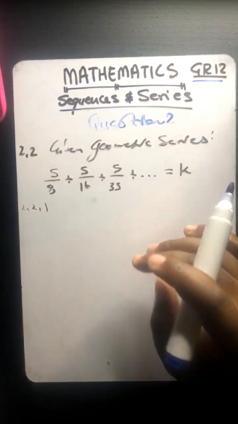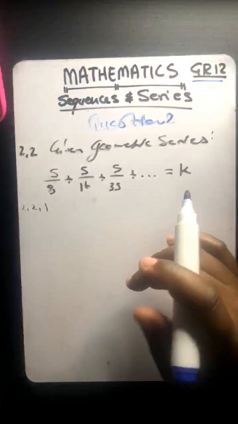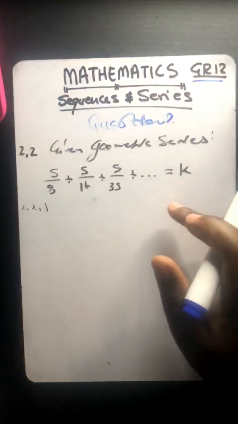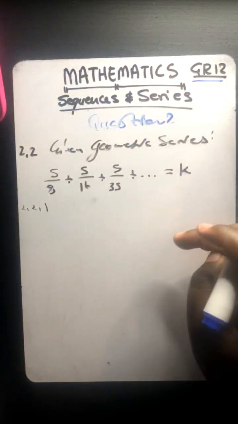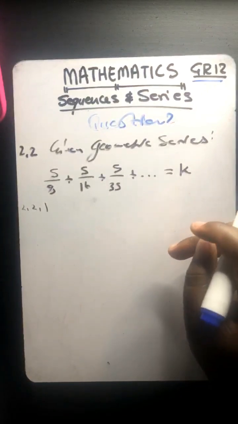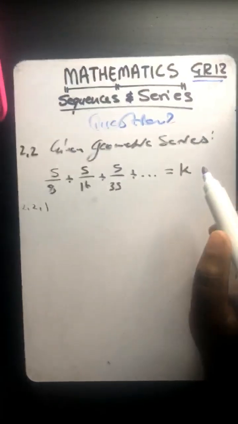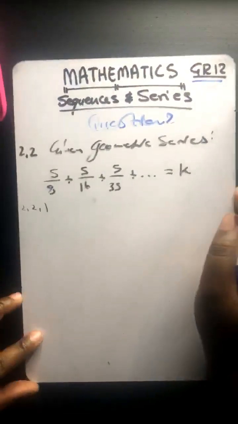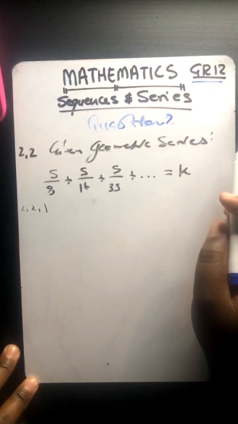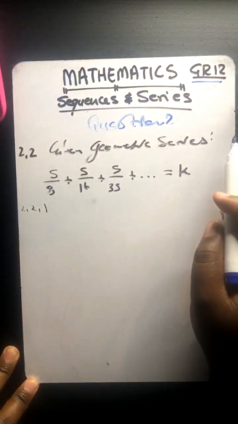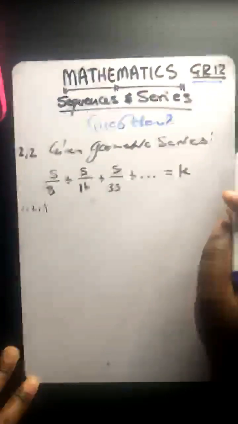But let's see. Given the geometric series, they're saying determine the value of k if the series has 21 terms. Very interesting. This is what they are saying, Moleboge. This community has 21 stands.